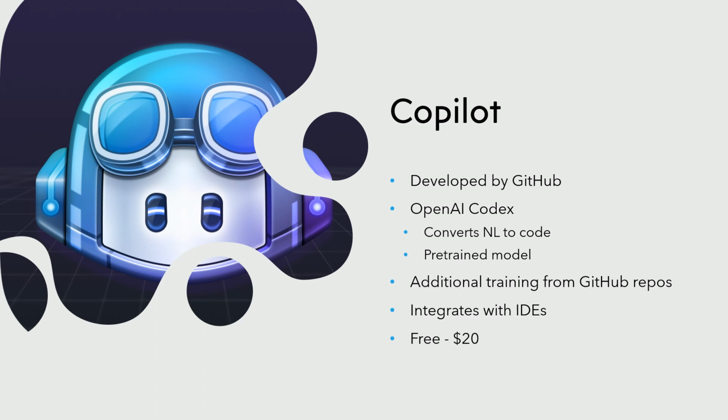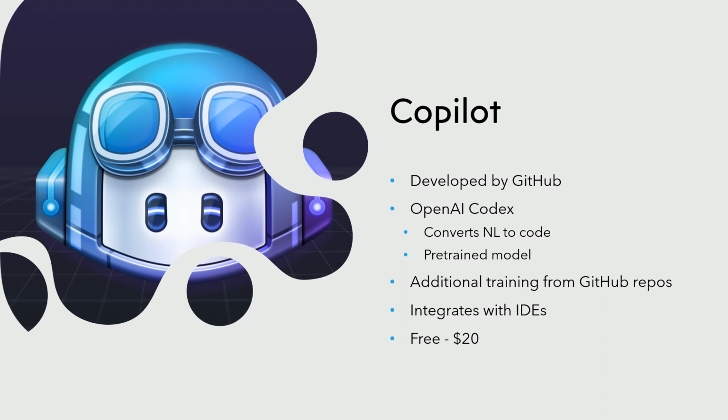Now, OpenAI's Codex is a model that converts natural language to some kind of code. And the Codex has a predefined data set that it is already trained on. It is a fully shippable model in itself, and GitHub had trained it additionally on some public GitHub repositories.